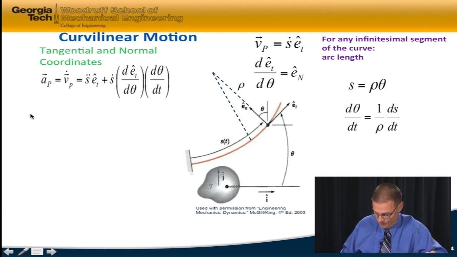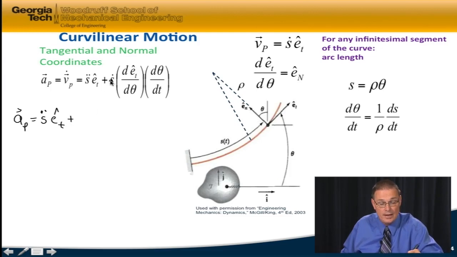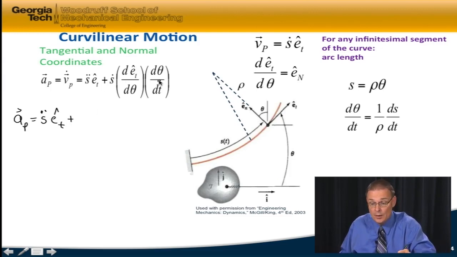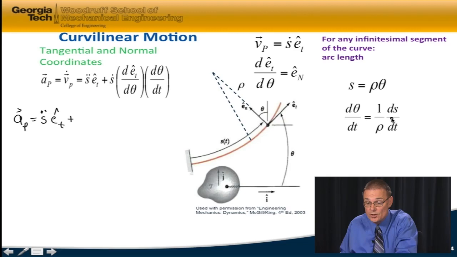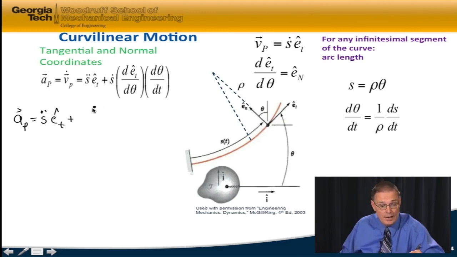And so I get a sub p is equal to s double dot in the e tangential direction, plus I've got s dot here. Here I've got d theta dt, which is s dot times 1 over rho. So I've got s dot here, s dot there, so that's s dot squared over rho. And we know that d of e tangential d theta is equal to e normal.